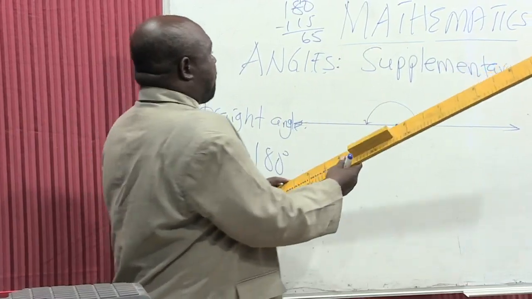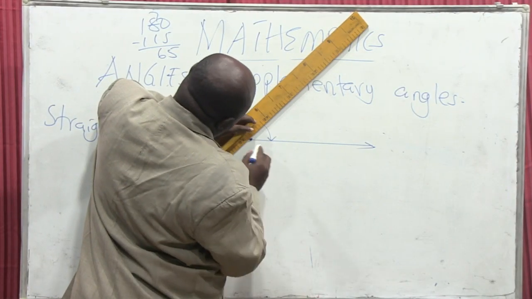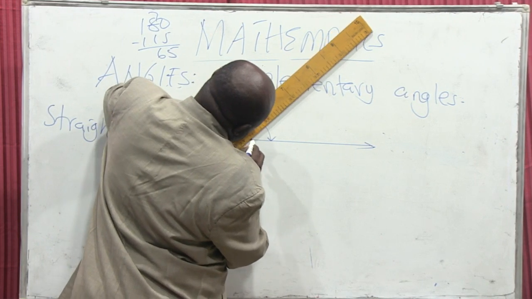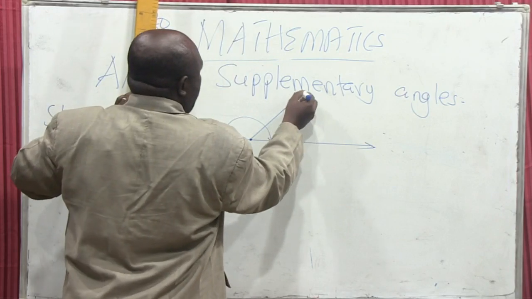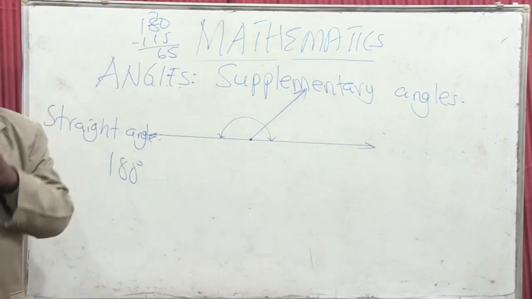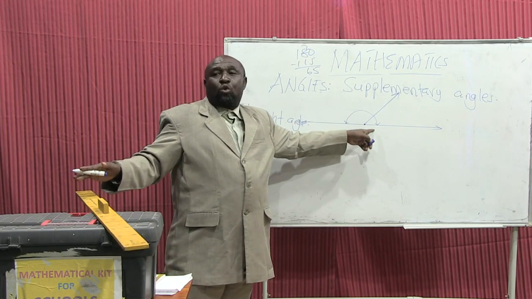Now, if you draw a line, then you are going to get 2 angles.